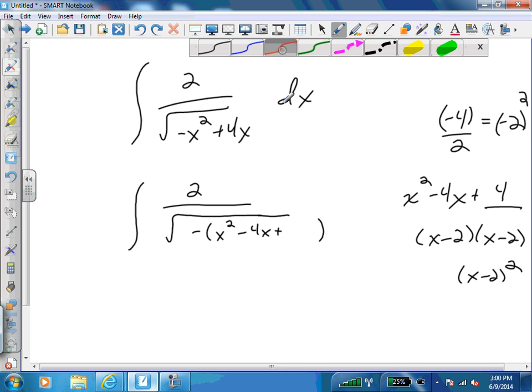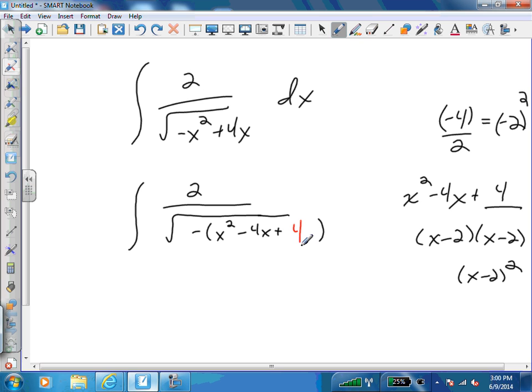Now, we added a 4 on the inside of that parenthesis, but what's outside that parenthesis? A negative 4. Now, we can think about this all in one step, or we can do this. If we add a 4, what else do we have to do? Subtract a 4.